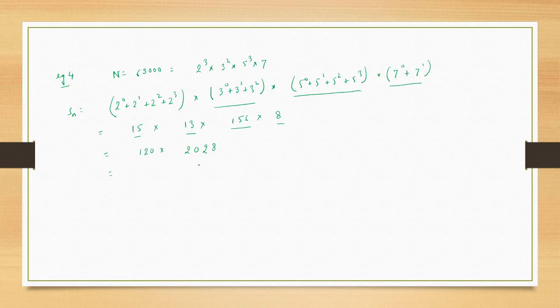Now further we can multiply this, and this becomes the sum of all the factors of the number 63,000. Yeah, so this is right. This is the way we do it. We can manually count this, or we can use even the GP series formula to find the sum, and then we can get the sum of all the factors of any number.